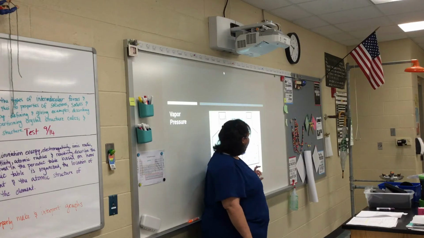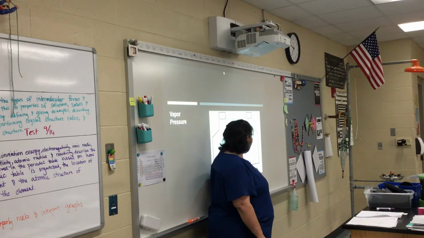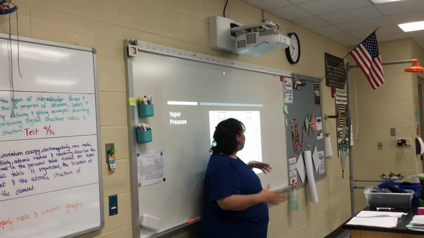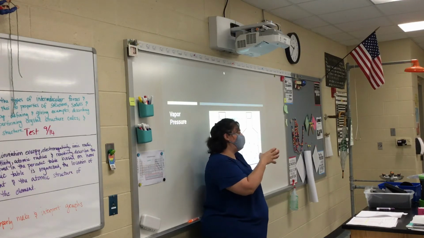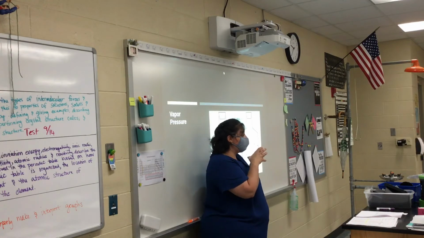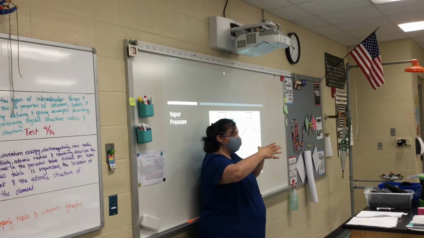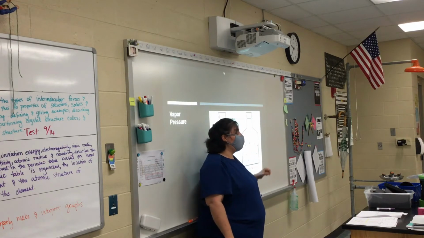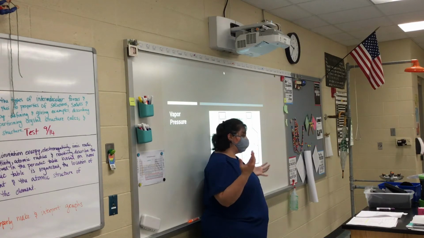Because there are more particles, they have more energy, and they're moving around more, you're going to have a higher pressure. And that higher pressure is going to cause a higher vapor pressure. And this is where we start to see some containers, I don't know if you've ever seen a can that has been out in the heat for a long period of time, it'll start to bloat. So that's what happens when you have a really high vapor pressure. At some point, the container can fail, and when it fails, it explodes.